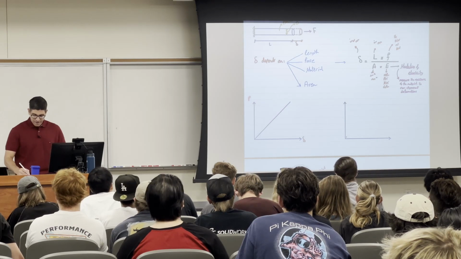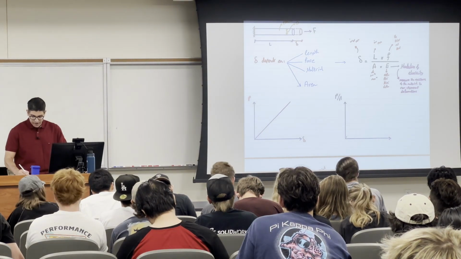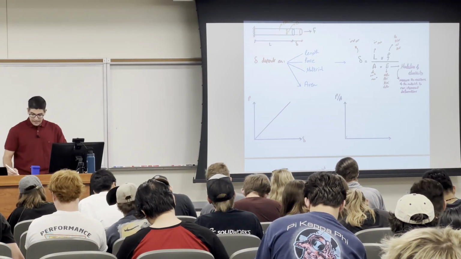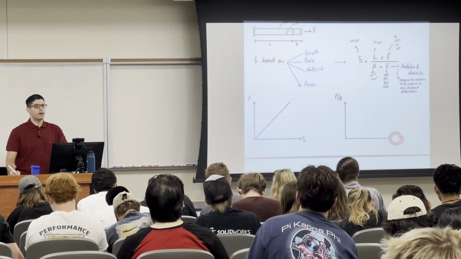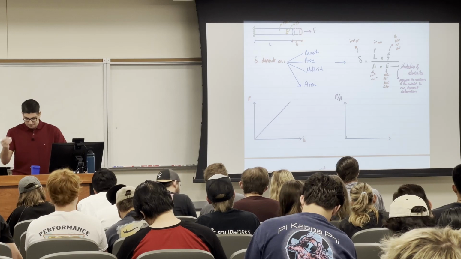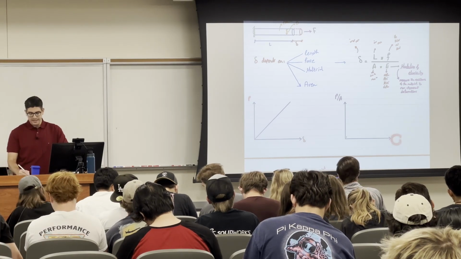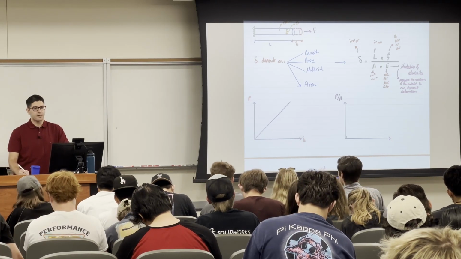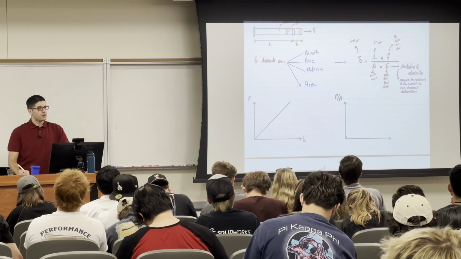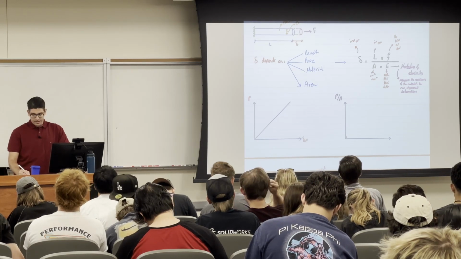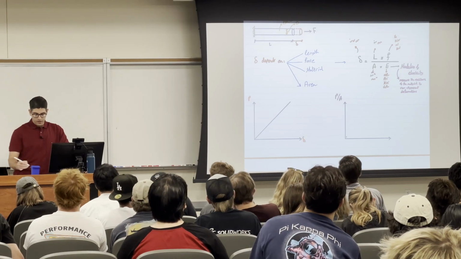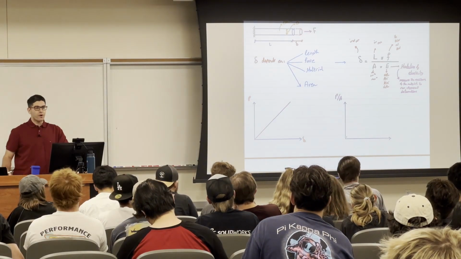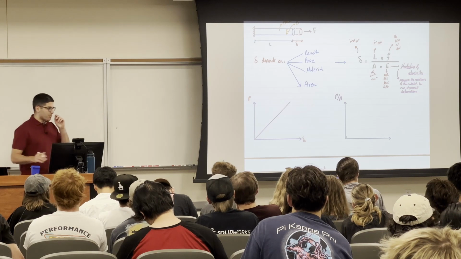So if I want to make a relationship, which is P over area here, and instead of using delta, I want to make a meaningful parameter here, would I say delta, or what should I say? What should I divide this delta by?